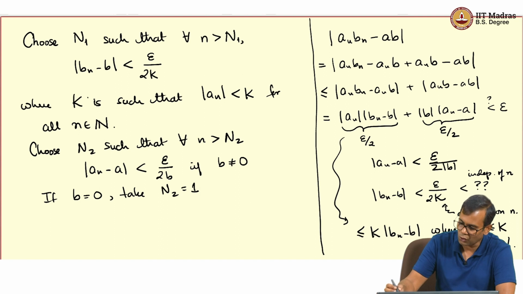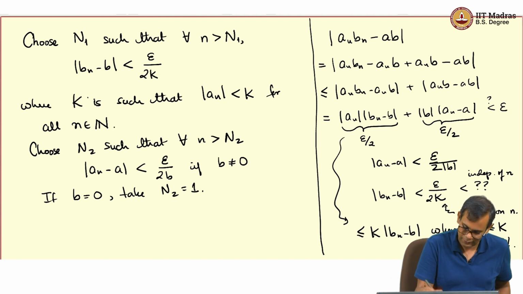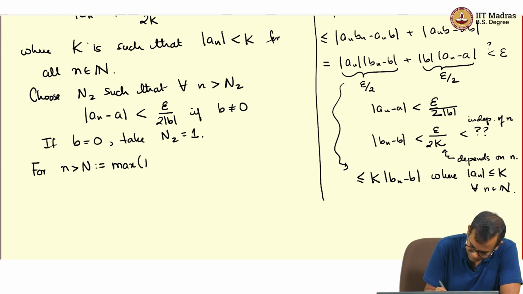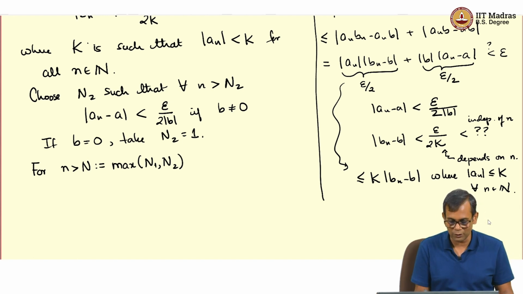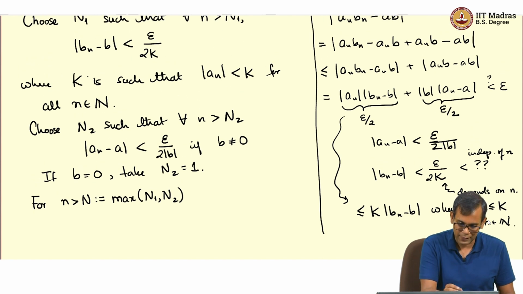Then in any case the absolute value of a_n minus a times the absolute value of b will just be 0, and so it is not really going to bother us. Now take N to be the maximum of N1 and N2. If little n is greater than the maximum of N1 and N2, then it is greater than or equal to N1 and greater than or equal to N2. So both these properties will hold: b_n minus b is less than epsilon by 2k, and a_n minus a is less than epsilon by 2 times the absolute value of b.